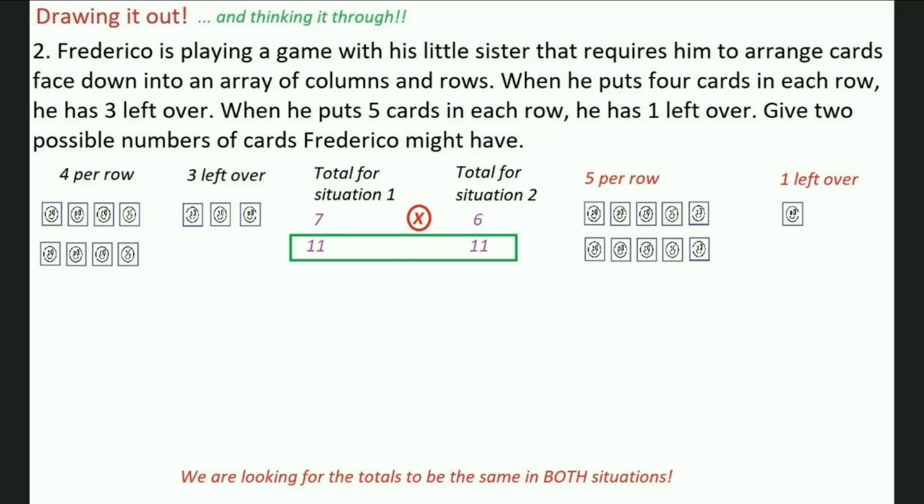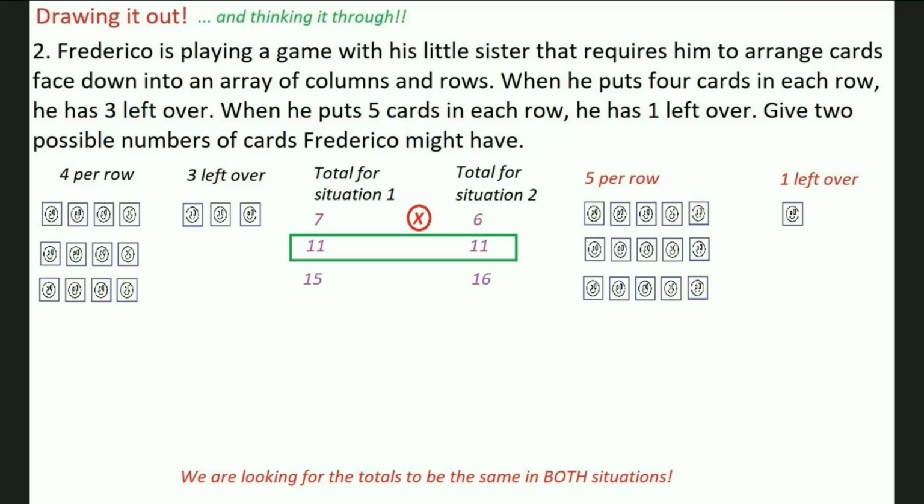But let's see if we can find another deck that's a little bit bigger to give him that same combination. All right, let's go on. So if I add another set of 4 cards with 3 left over, 4 times 3 is 12, plus 3 is 15. And on the other side, if I add another 5 with 1 left over, I get 16 cards. 15 and 16 are not the same number, so let's go on.